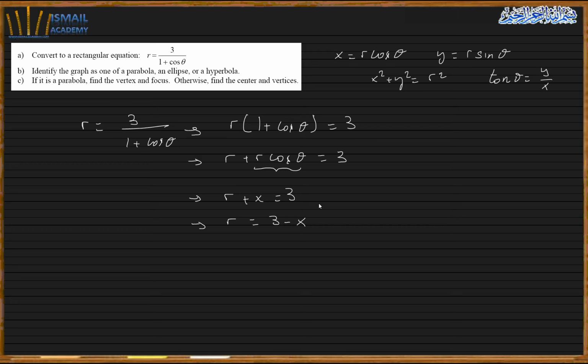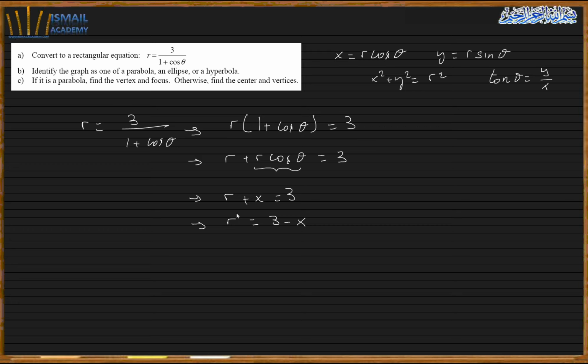Why don't I move r to the other side? Look, I'm looking for eliminating the r, so I'm going to solve for r.